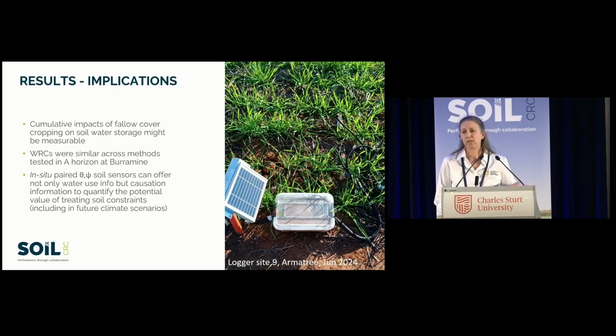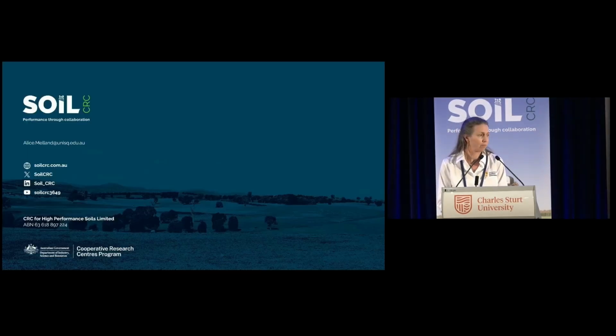Can we use those methods as a protocol for getting more mechanistic information and describing what's happening with plant available water in the field, to inform models and decisions around what might happen if we do X, Y or Z to ameliorate a soil constraint? Thanks.